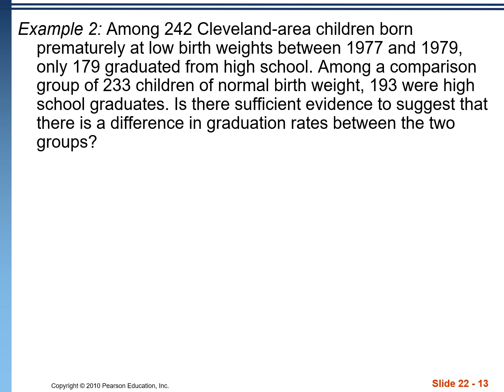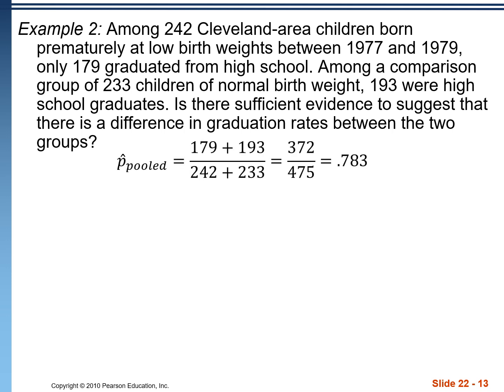Now we're going to make a pooled p-hat. To make a pooled p-hat, we're going to take all the graduates from the low birth rate group and the normal birth rate group, combine them, and divide by our total sample size of both groups combined. We only do this for hypothesis tests, and the reason we do it is because the null hypothesis says these two proportions are the same.